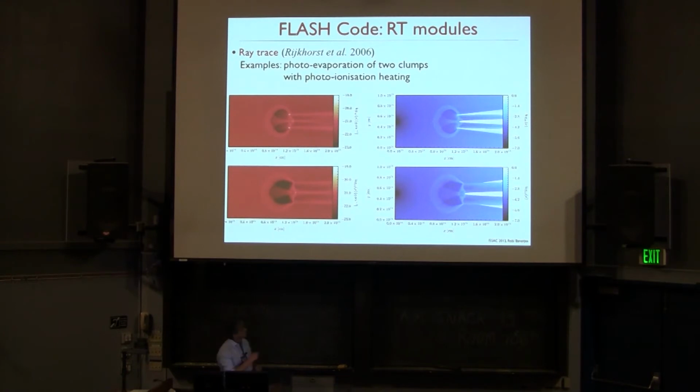This is a time sequence, showing the density and here the ionization fraction, or the H1 fraction. And because you heat up the clump, it dissolves over time, and then of course you lose all your atomic hydrogen, and everything gets ionized eventually.